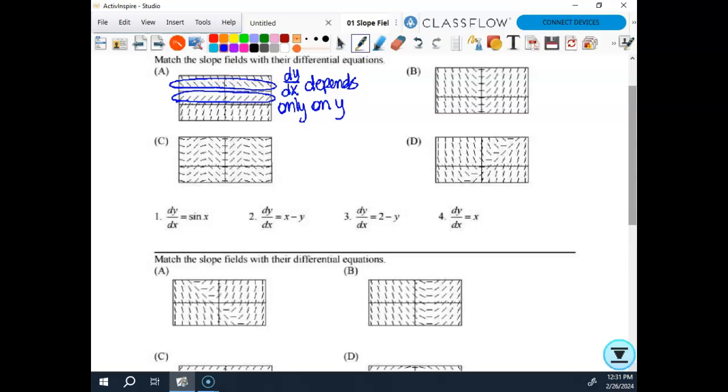When you look at B, do you see these vertical ones? You could choose any of them, right? So that means that dy/dx depends only on x.